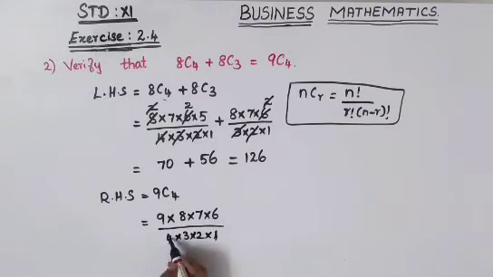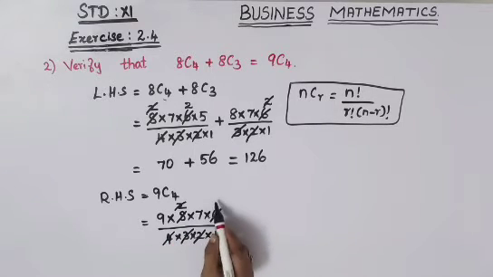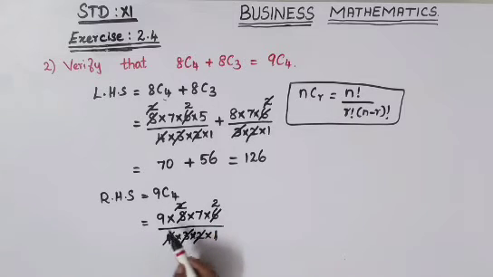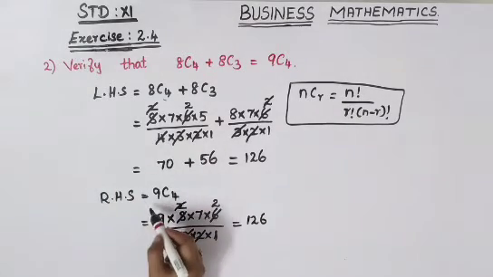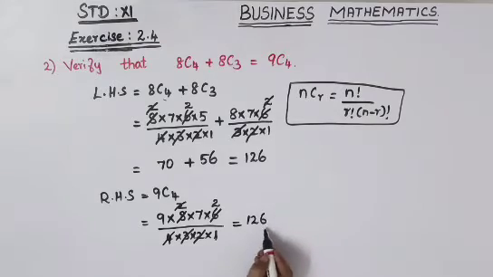Okay, 4 numbers. Now you can cancel this. 4 and 8 will go 2 times. This 2 and this 2 you can cancel it. Okay. Next is 3 is there. So 3 and 6 you can cancel. You'll have 2 over there. Now multiply 9 into 7 into 2. You'll get your 126. Now both the sides LHS and RHS we have got 126 and 126.